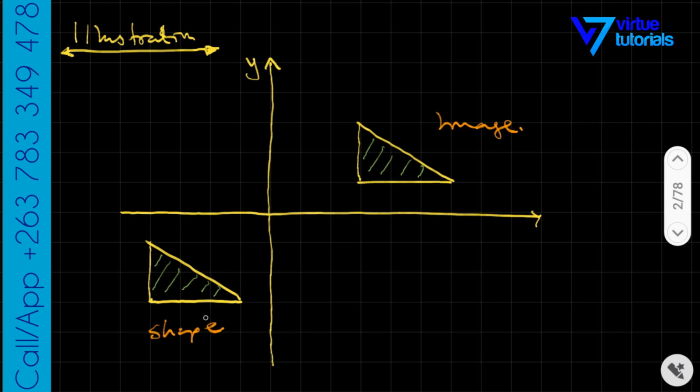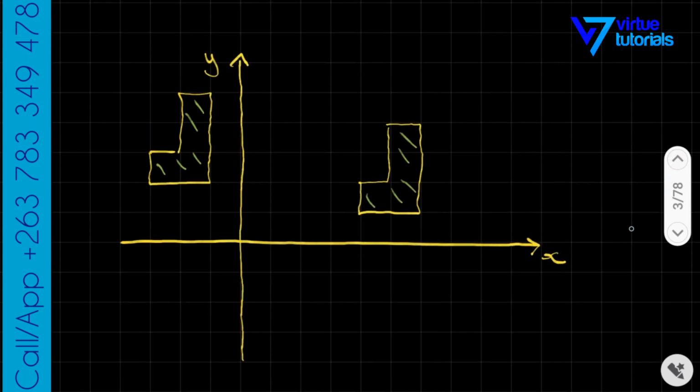Whenever you have a shape and an image which differ only in position and nothing else, then that's definitely a translation. So if I'm asked to describe the transformation that maps this first shape onto the image, I will simply state that it's a translation and then mention the translation vector.